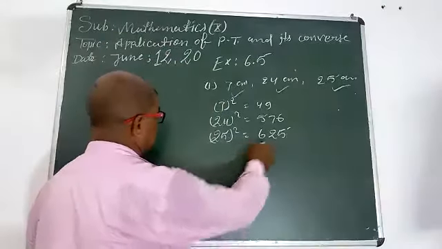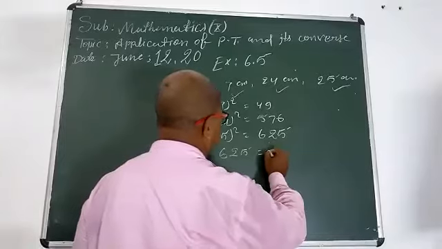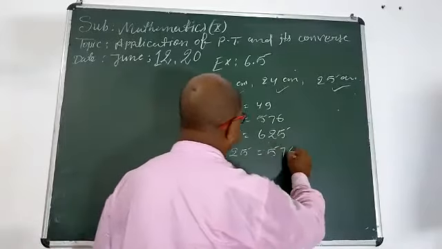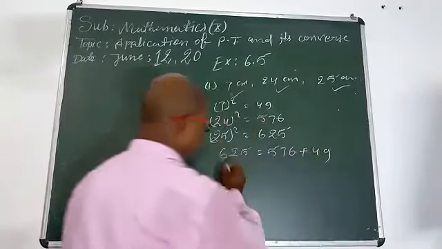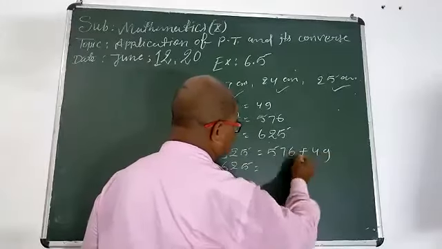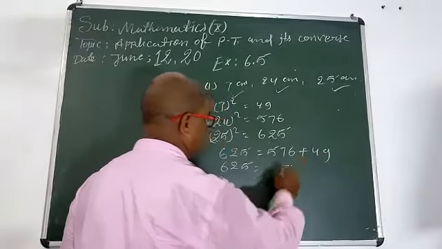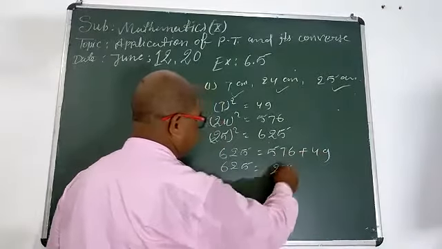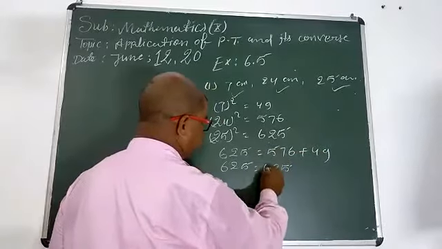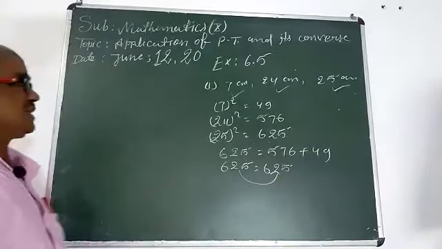Now, 625 equals 576 plus 49? Add these two together: 9 plus 6 equals 15, carry 1, 5, 7, 12, 1, so 625. So 625 equals 625.